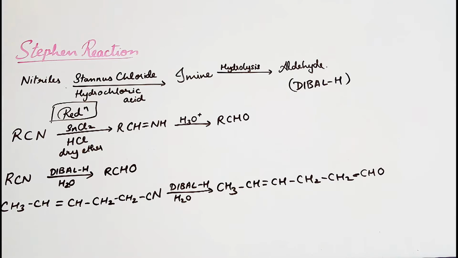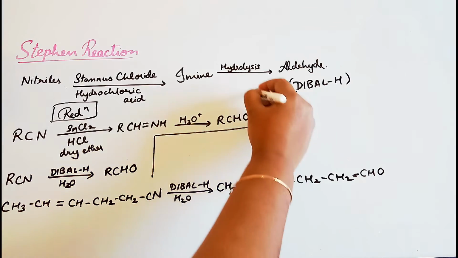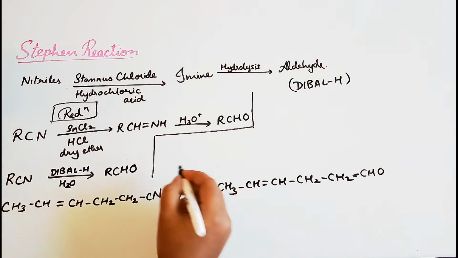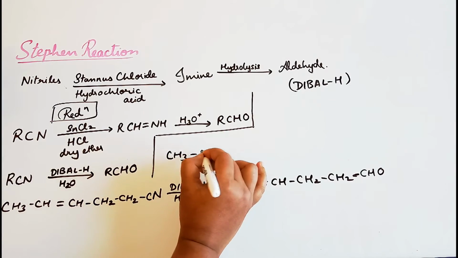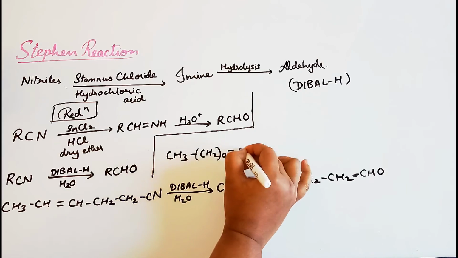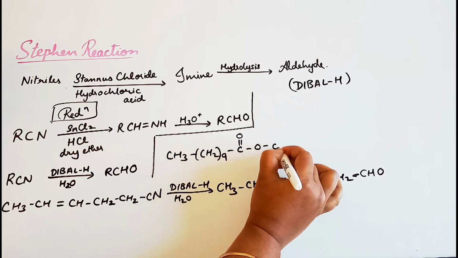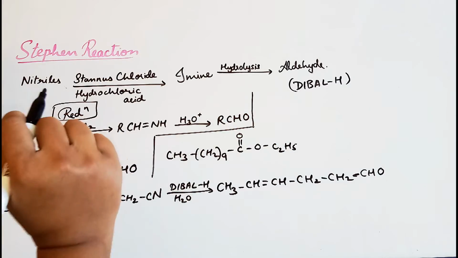Esters also undergo reduction in the presence of DIBAL-H to give us an aldehyde. Let's take an example of an ester. CH3(CH2)9COOC2H5. This COOC2H5 is our ester group.